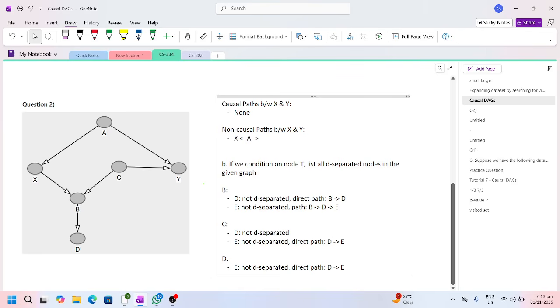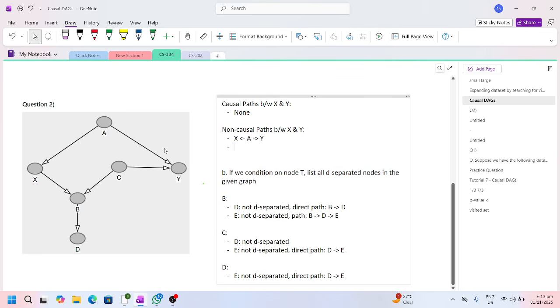So I have X, A, and Y. That's one of our non-causal paths. I have another X, B, C, and Y. Do I have a third? No, I only have two non-causal paths between these, and I have zero causal paths between them.